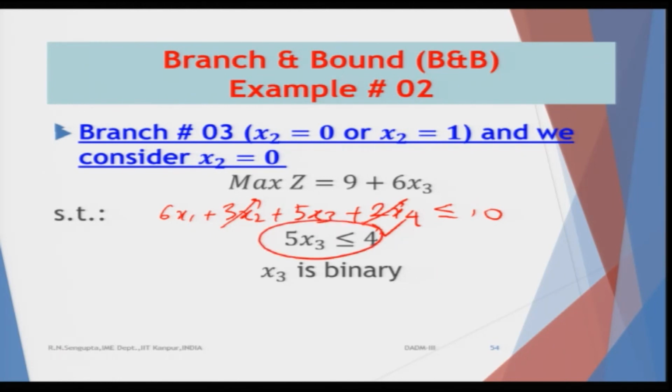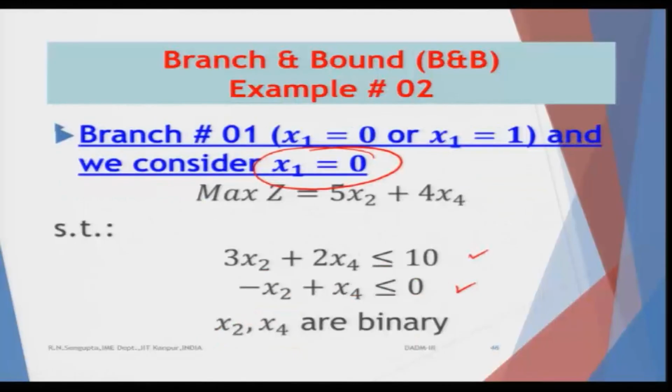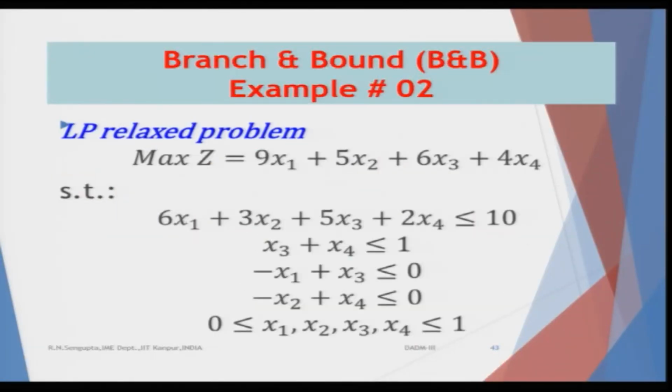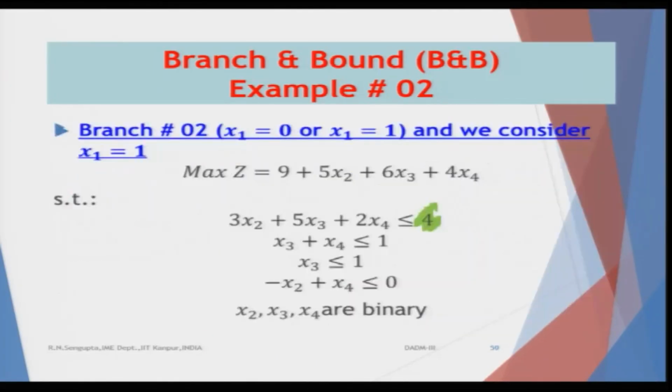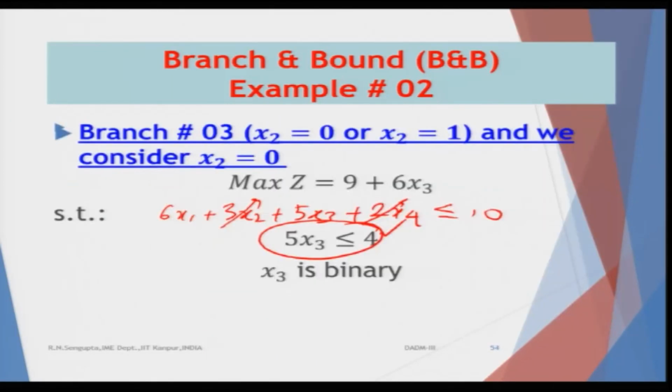So, this is 5 x3 is less than or equal to 4. What is the second constraint? x3 plus x4 is less than or equal to 1. x3 is binary, so it is equal to 1. So, obviously, it would not be considered, and x4 is not there.